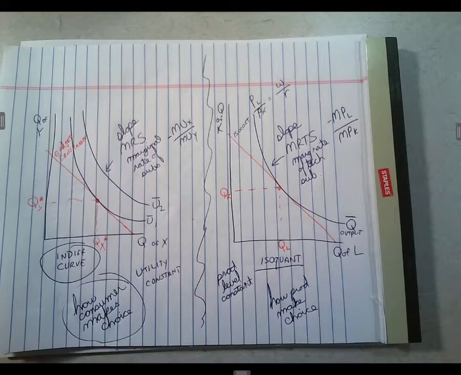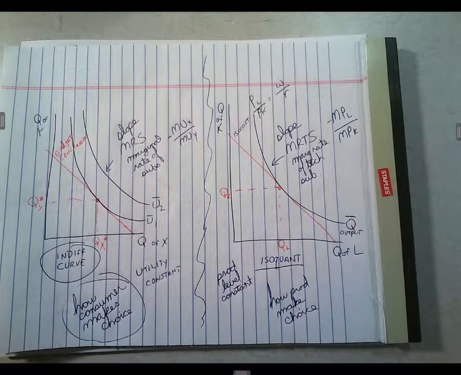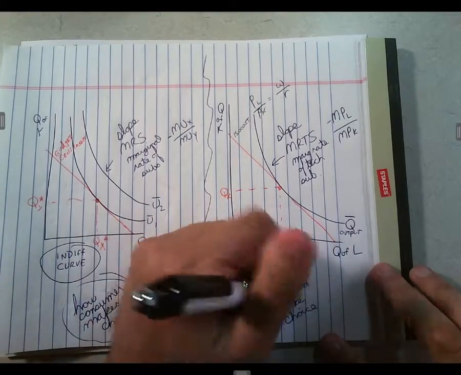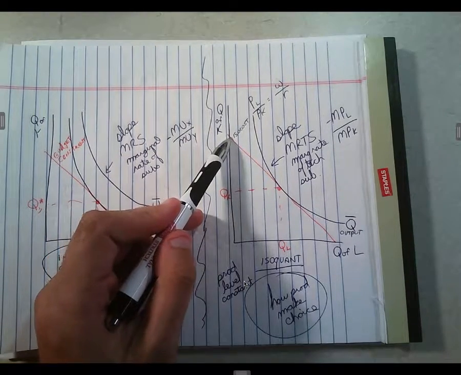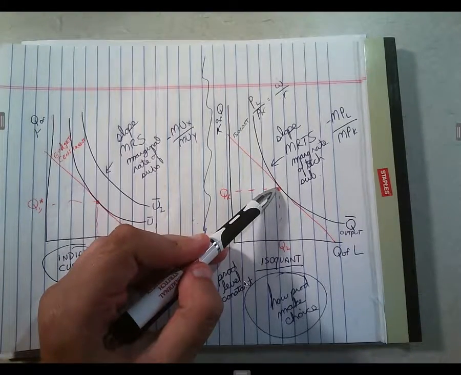It's going to be a point of optimality again, and it's going to tell you as the manager how much labor and capital to hire. You're going to hire where your isocost curve is just tangent to your isoquant.